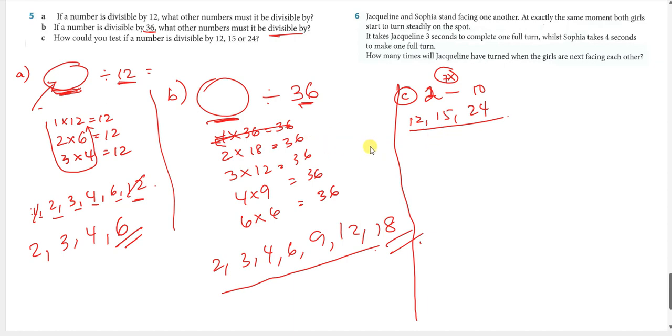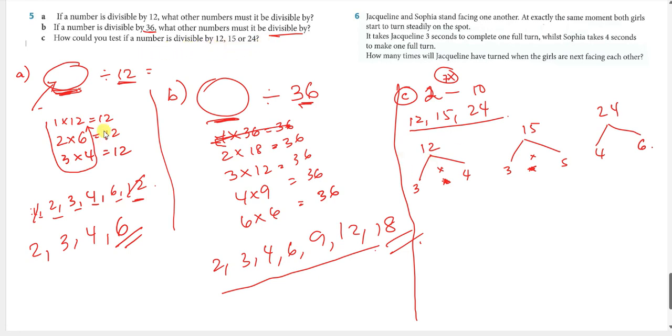So 12, we can divide into 3 times 4. We have 15, we can do it with 3 times 5. No need to put this, I'm just showing it for your understanding. And 24, we can have 4 times 6. So how will you test the divisibility of 12, 15, and 24?